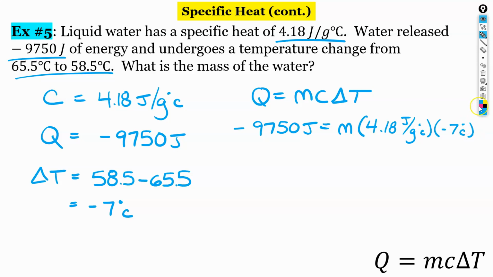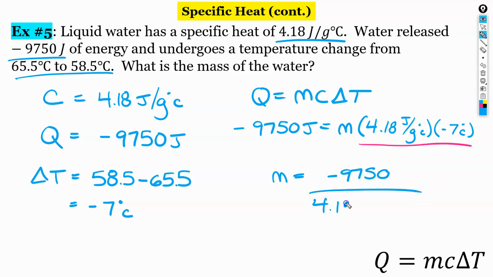So we want to get mass by itself. So to do that, we are going to divide both sides by 4.18 times negative 7. So we'll have mass is equal to negative 9750 over 4.18 times negative 7.